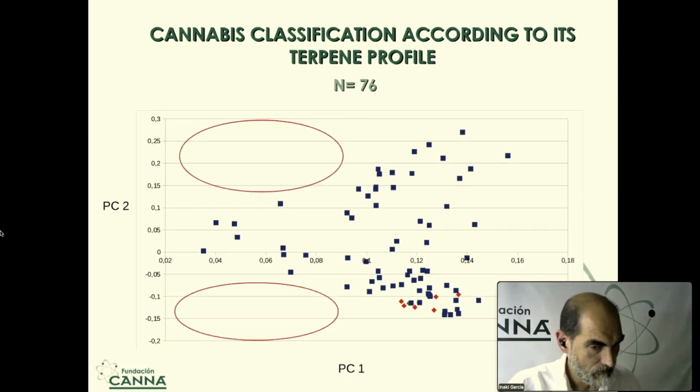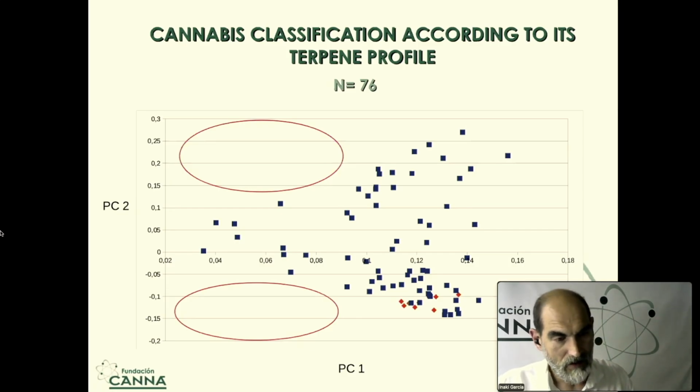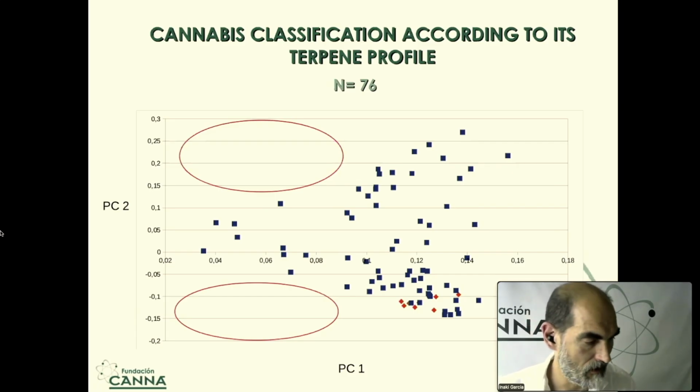This is important because of what we can see in just one view, no? Because the first grouping and the second grouping explain more than 80% of the variability of a plant, okay?